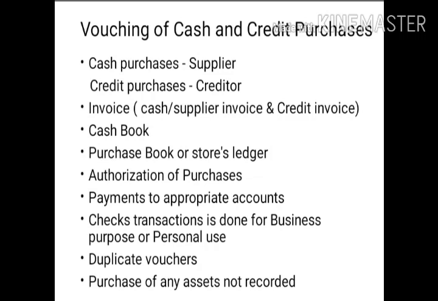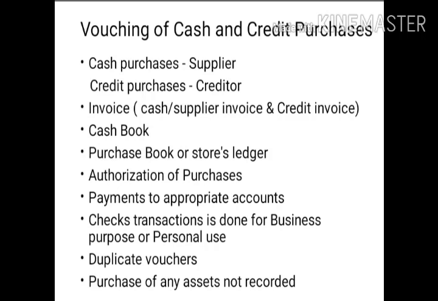Next is authorization of purchase. Here the auditor has to see that the purchases and payments for such transactions are duly authorized and sanctioned by the concerned authority, because it should be confirmed that the purchase of goods is sanctioned by a responsible official of that particular department, and only those goods are purchased in which the organization deals.